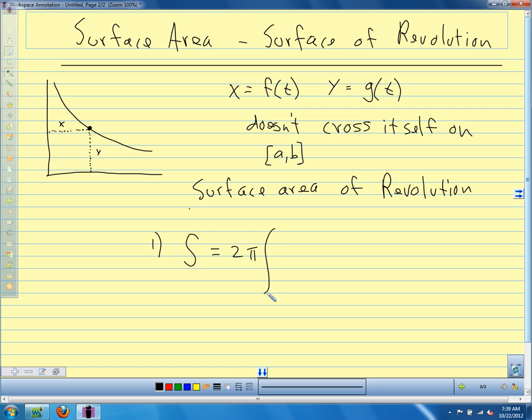S equals 2 pi, the integral from a to b of g of t times the square root of f prime of t squared plus g prime of t squared dt. And this is for revolution about the x-axis.